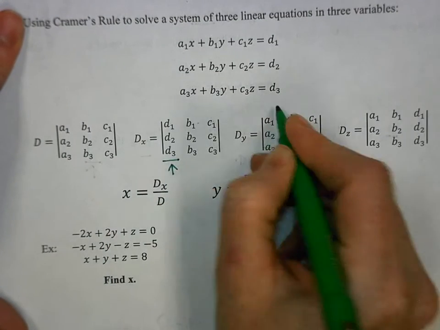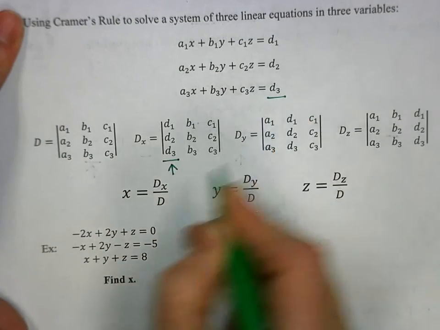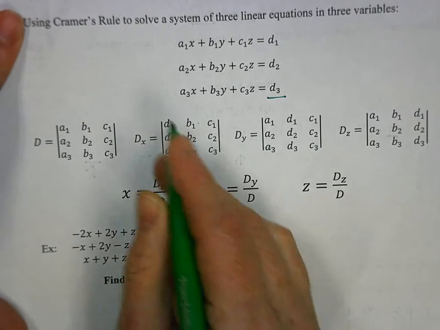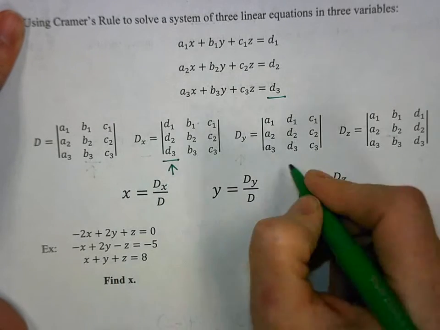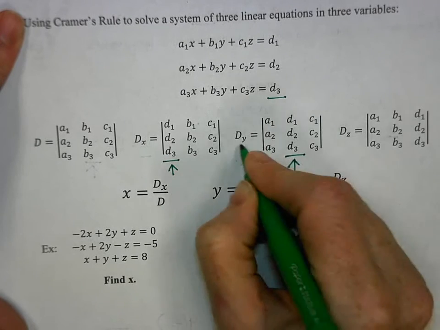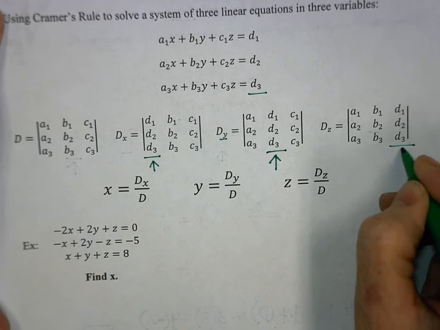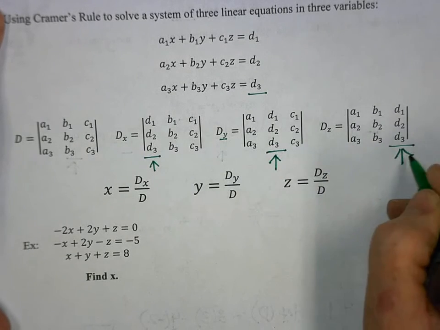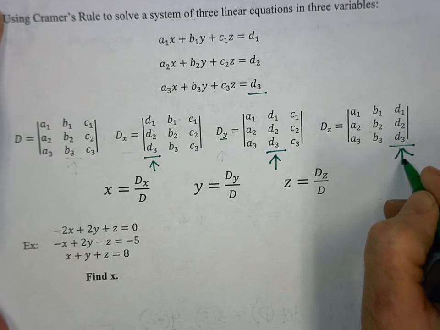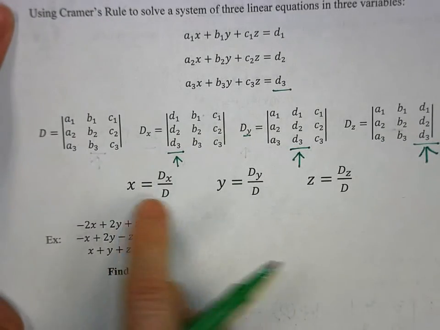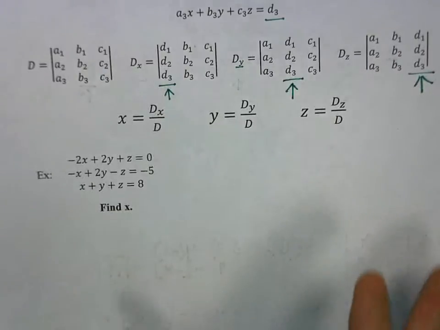So there's my D. What did I do with D of x? I replaced the x column with the column matrix. I took that same column matrix with D of y and replaced the y column. And I replaced over here for D of z, the z column.